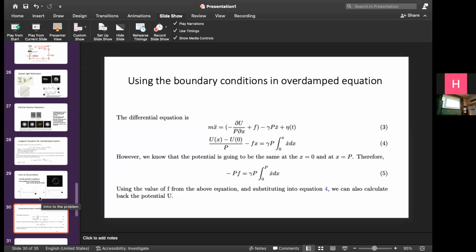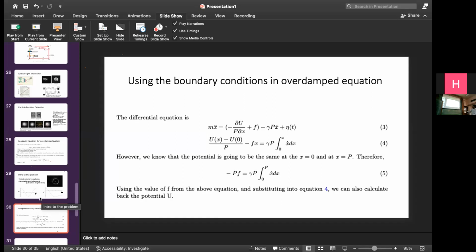Turns out that I can also make measurements for a long time and cancel my Brownian noise also. So I end up with only these three terms. And since I'm on a circular track and not an open path, the potential at the beginning and the end will be the same. So this term can be cancelled out if I'm going from 0 to P, which is my periodicity, and I can directly calculate my force.